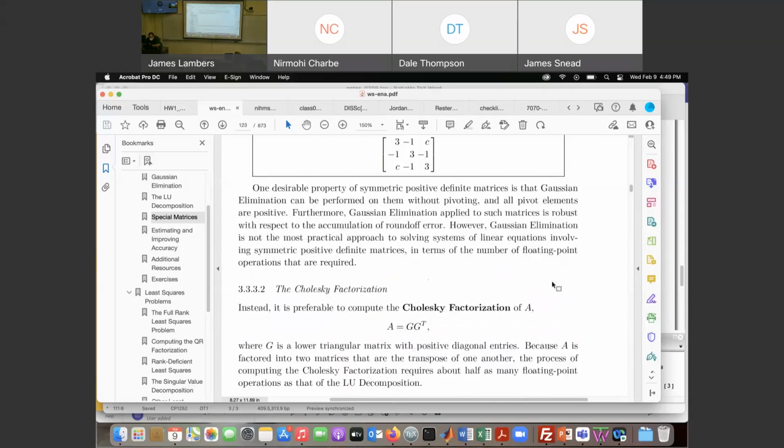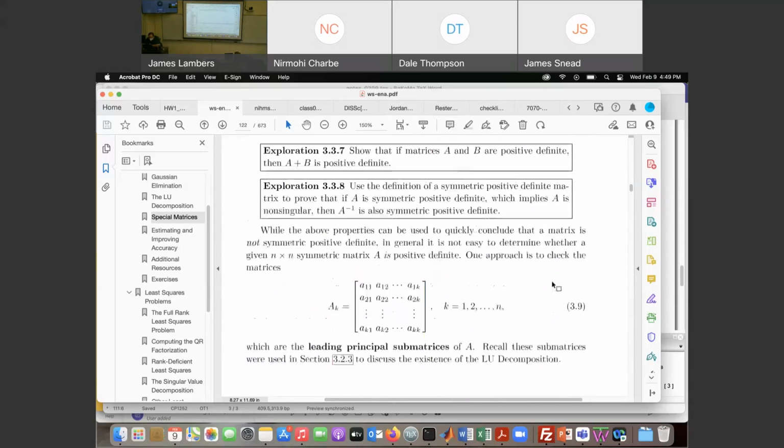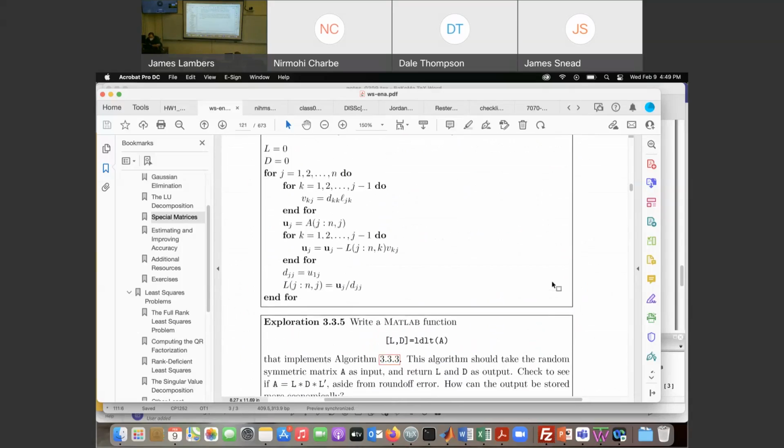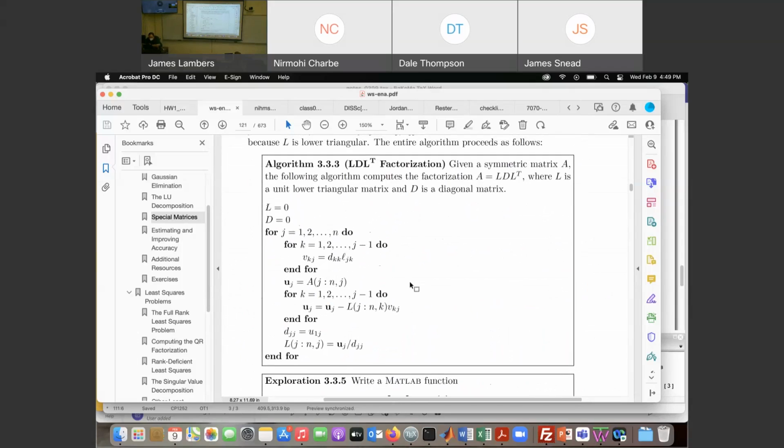Now, I just want to talk about LDLT. Here's the algorithm for that. Even though it sort of came from Gauss elimination, it's applying to a symmetric matrix, so there are significant differences in the algorithm for LDLT versus Gauss elimination, just because we want to make sure to compute L and D efficiently by exploiting the symmetry.